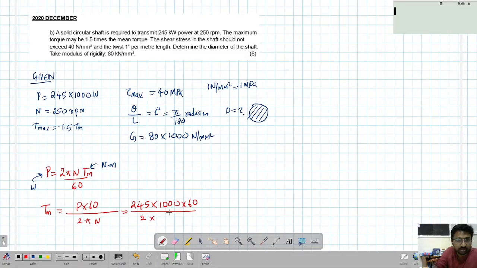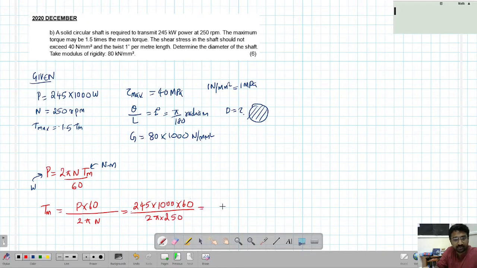If I substitute the values here, what you will get is 245 times 1000 times 60 divided by 2 pi into n. What is n? 250.